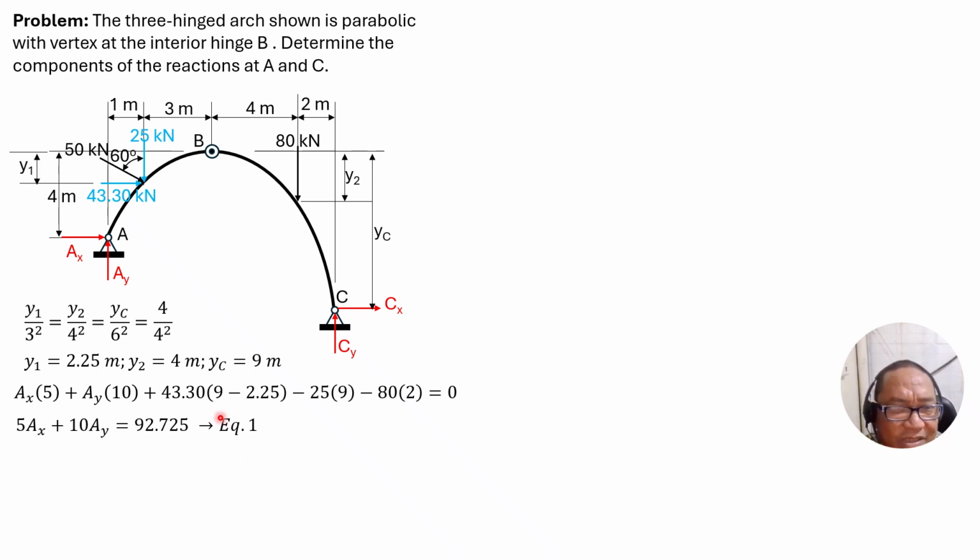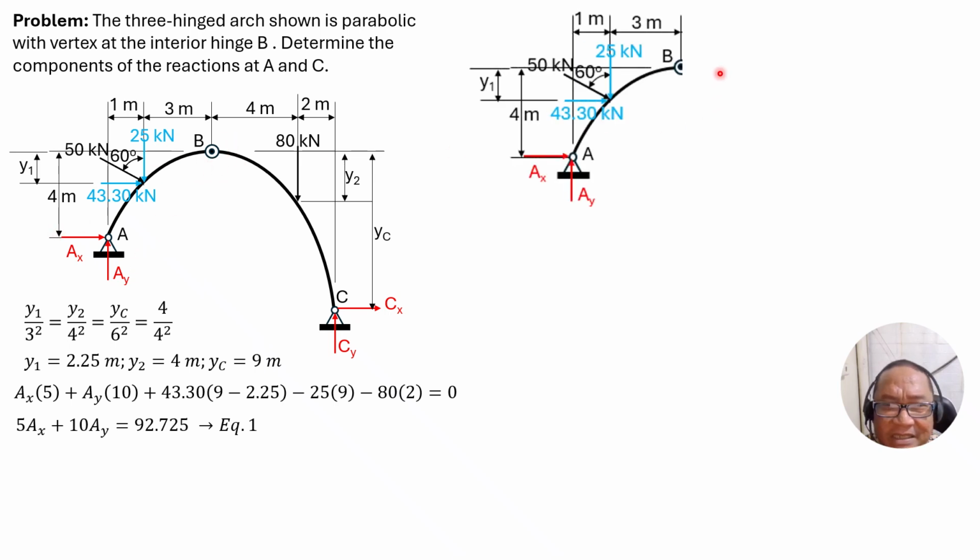Then considering segment AB, we sum up moments about B, and this is the free body diagram. Naming of the components of the reactions at B is not important because we don't need to solve these internal components of the reactions at B. So summation of moments about B equals 0, this time counterclockwise positive.